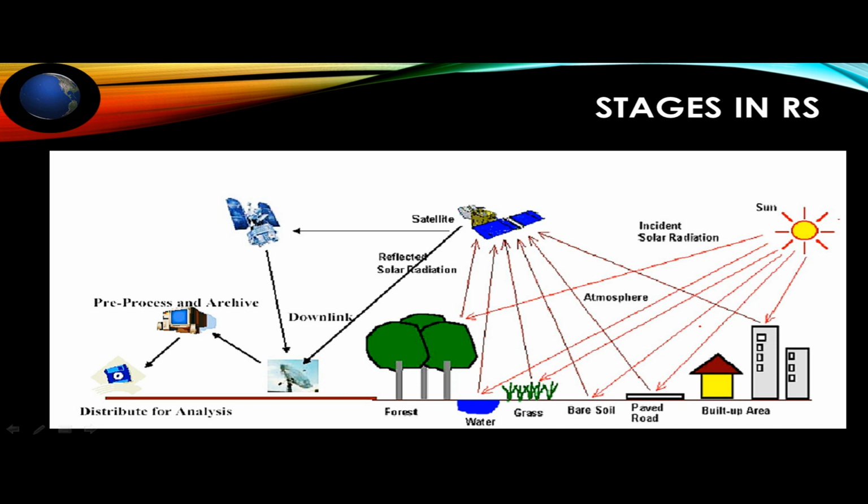The sun is radiating light to the earth's surface features like plants, trees, water bodies, bare soil, paved roads, buildings, industries. It is reflecting that light through the atmosphere, and this satellite is sensing this reflected light. And this satellite product, or this imagery, we are going to process in our system, and we are getting some analysis.